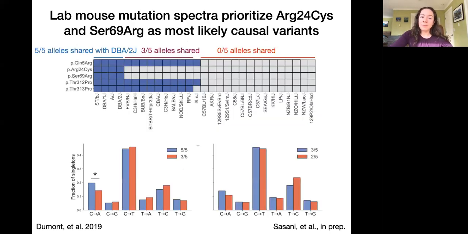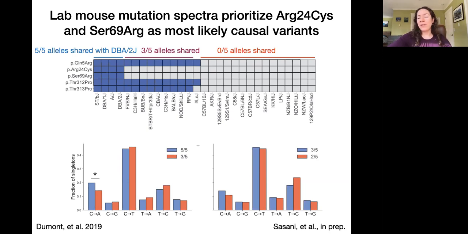And so if we look at lab mouse mutation spectra from all the different strains in Beth Dumont's paper, we also find variation where a few of the strains share 5 out of 5 of these alleles with DBA2J. Several strains share all of them with BLAC6.